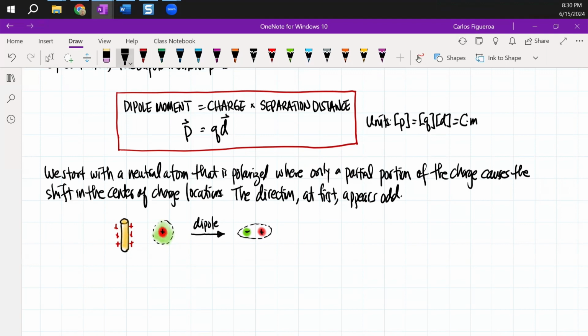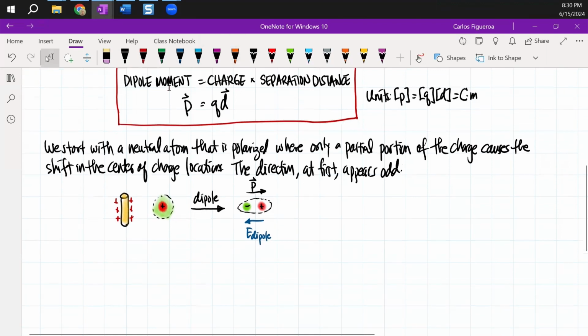The dipole moment moves from the negative to the positive, while the dipole field goes the opposite direction.